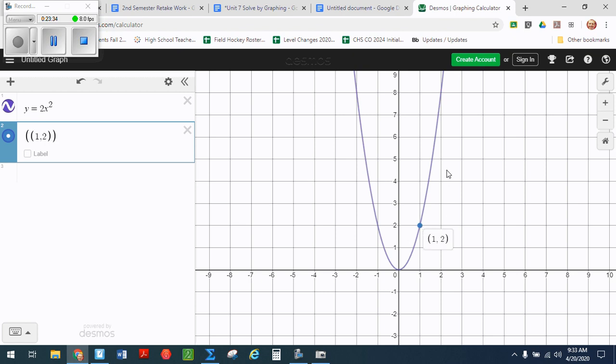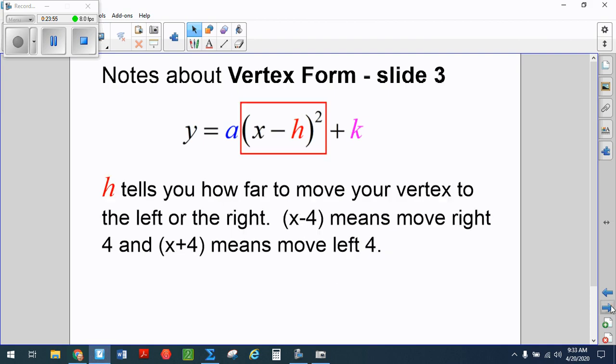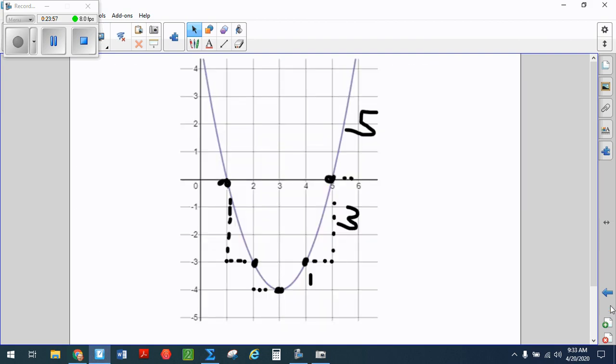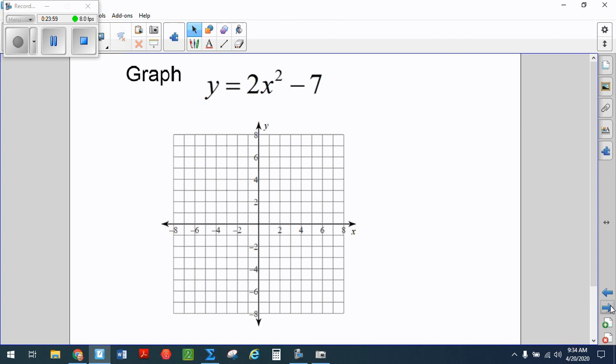And the next one, instead of 1, 3, 5, 1 times 2 is 2. 3 times 2 is 6. So I'm going to go up 6 from here. So 2 plus 6 gives me 8. And that's also on my graph. That's kind of hard to see. I'm going to show you on an example as well. We'll do a couple examples.